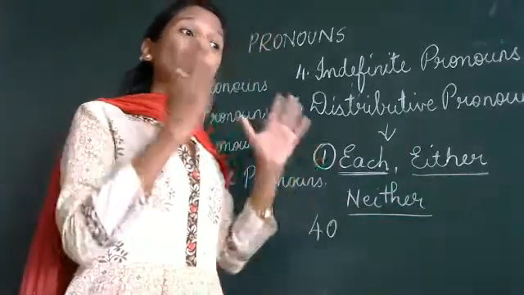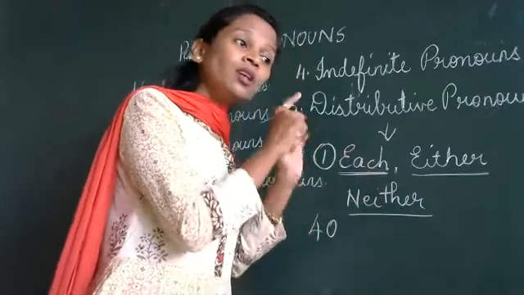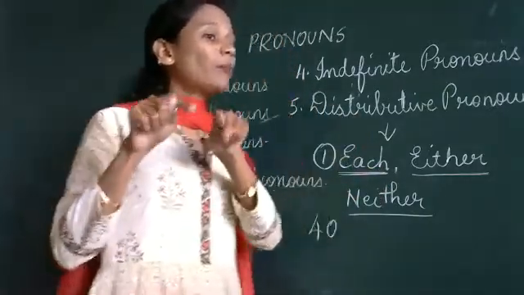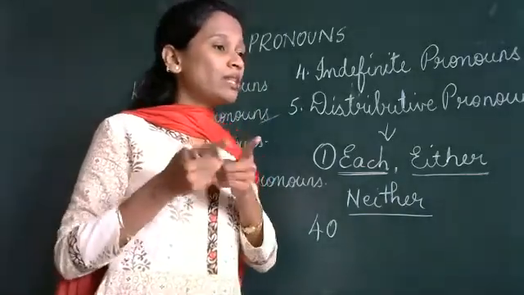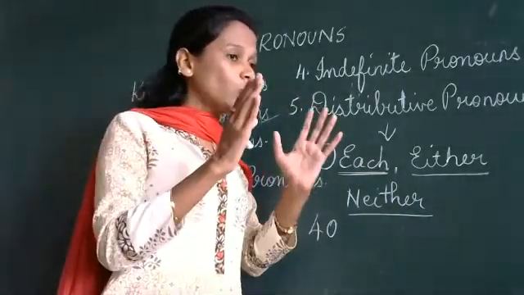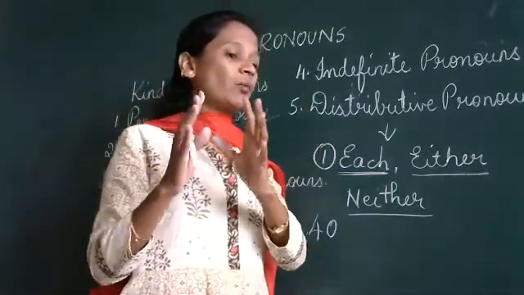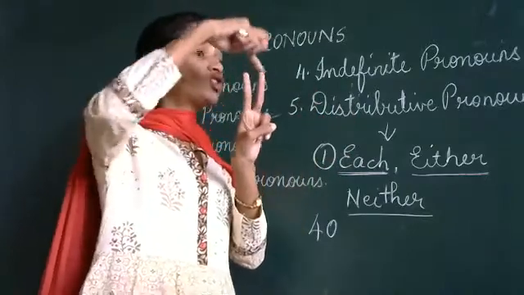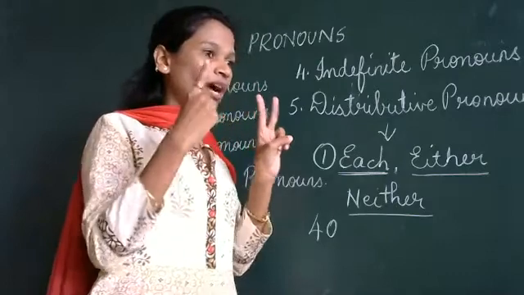Either means you either take part in the fancy dress competition, or if you don't, you take part in the Children's Day celebration or the Annual Day celebration. Out of the two celebrations, you have to choose either. Again, it is one.